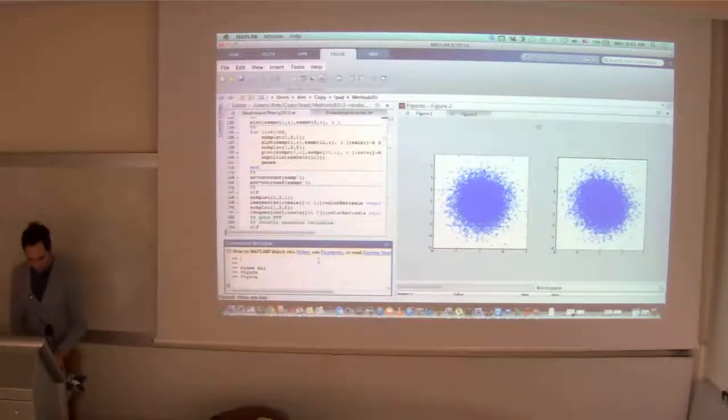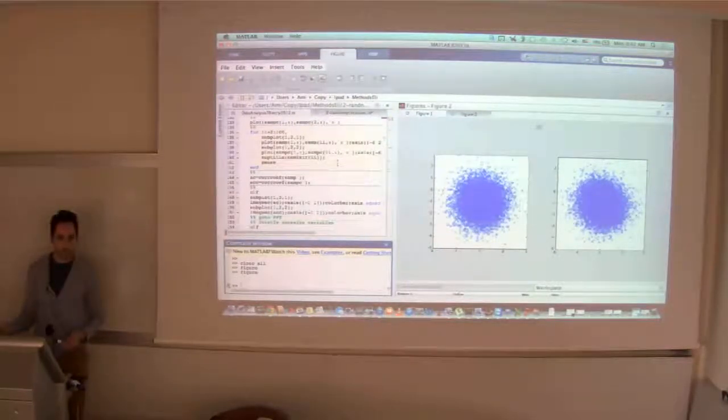Okay, so we found one parameter that we can actually use to describe the differences between those 2 processes. I can now tell you that the way I made the second process was to just filter the first process with some filter.